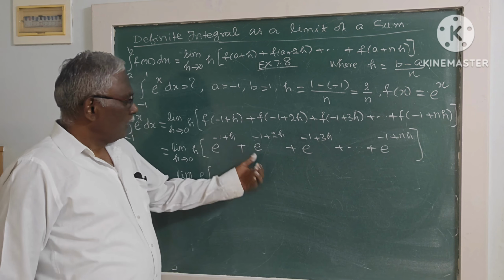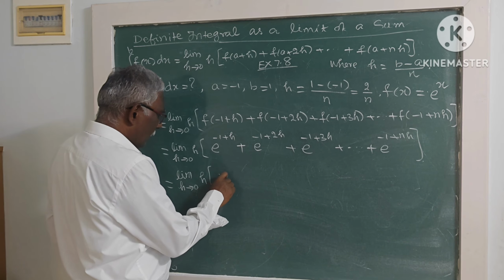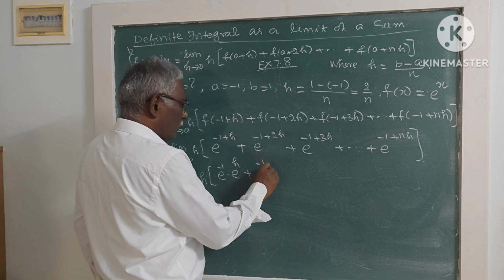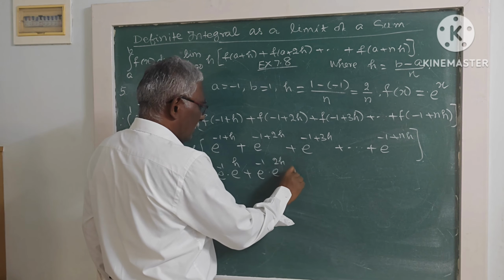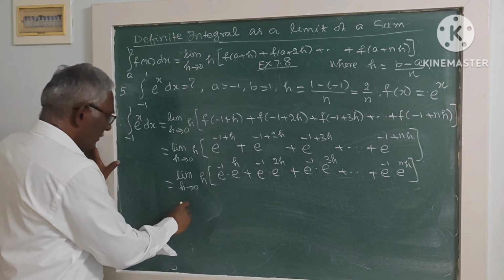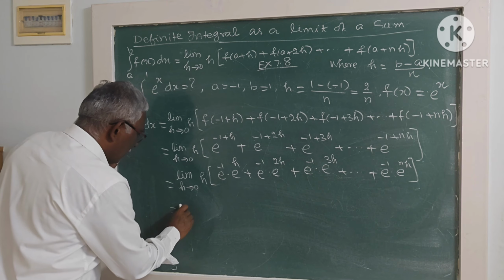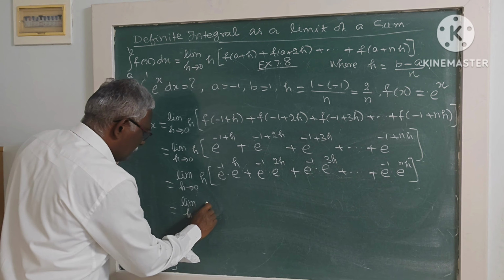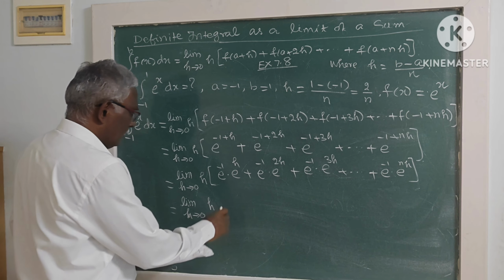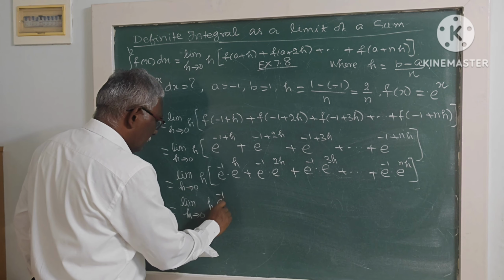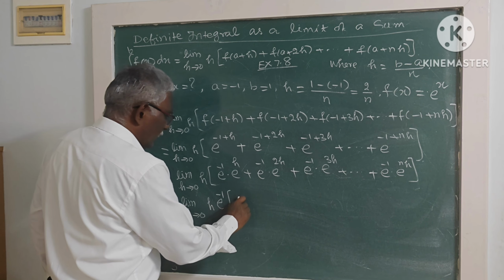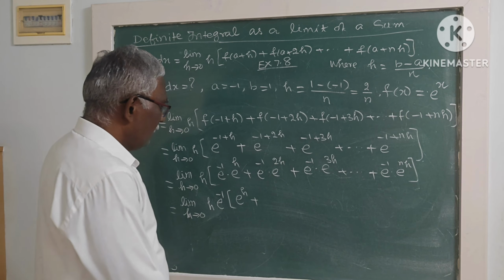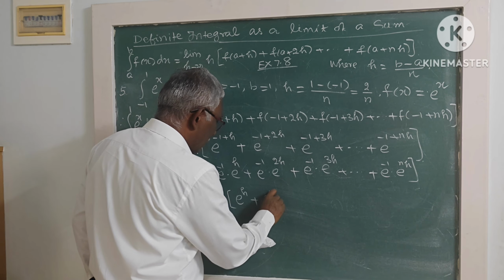So e power minus 1 plus h we can write as e power minus 1 into e power h, e power minus 1 into e power 2h. e power minus 1 we will take outside the bracket. Then this will become e power h. e power 2h we can write as e power h whole square.